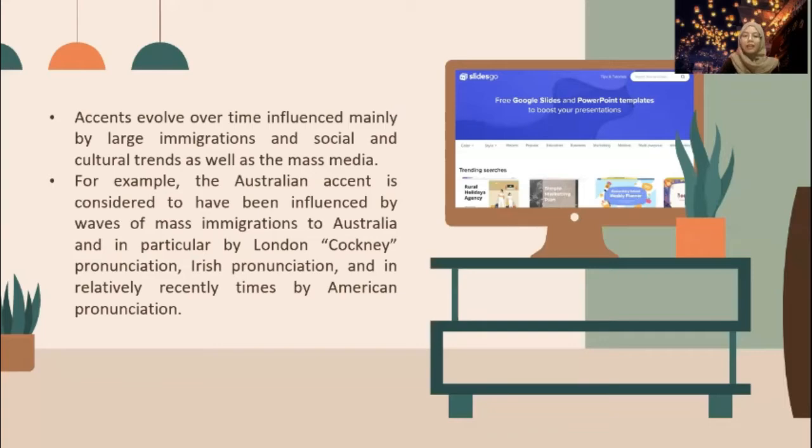Similarly, the English Liverpool accent has been influenced by Irish immigration, whereas the Northern Ireland accent has been influenced by Scottish immigration.